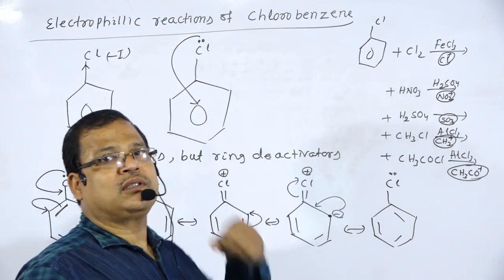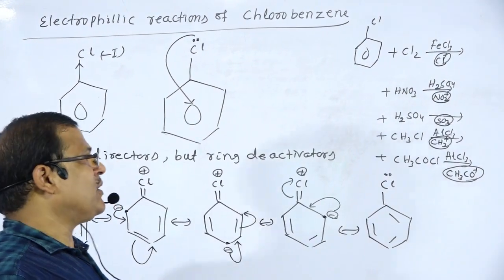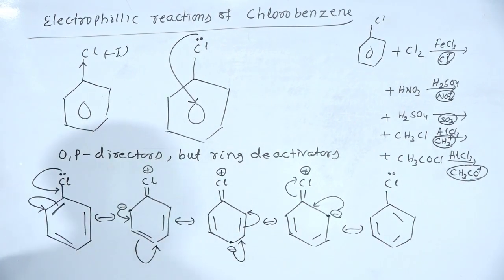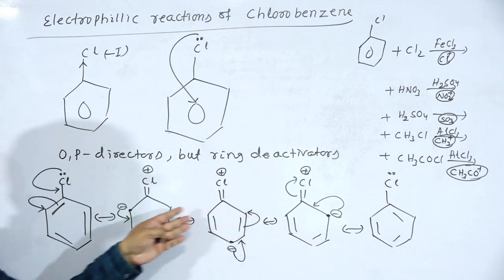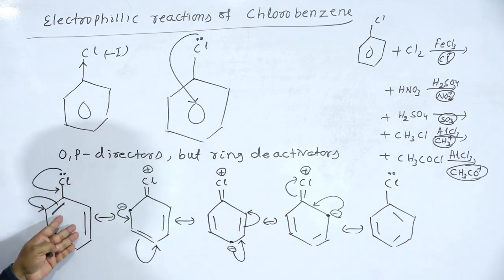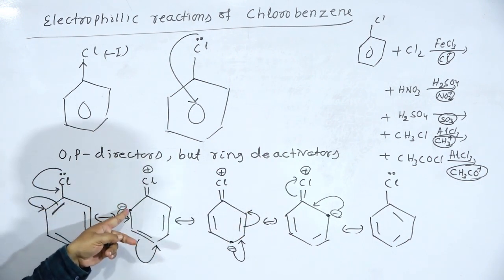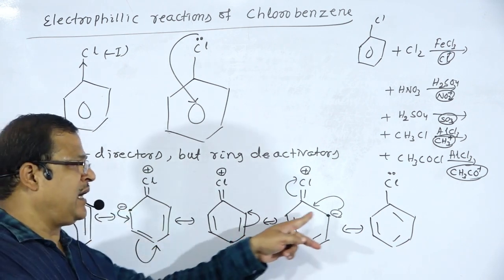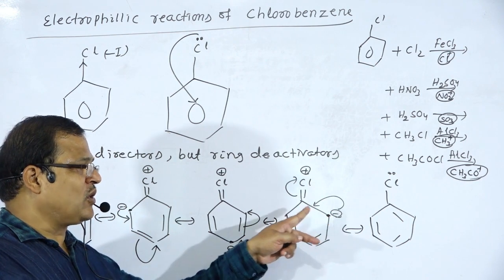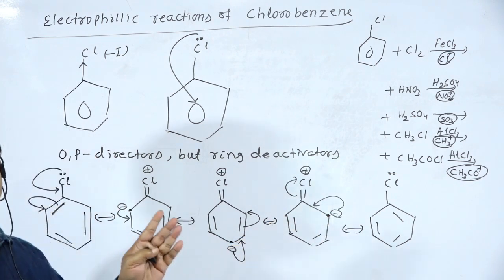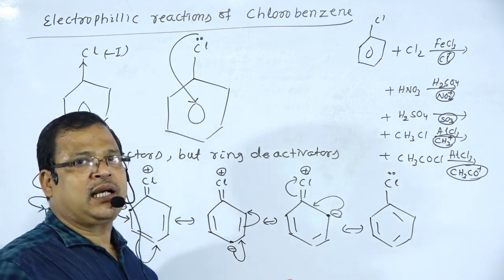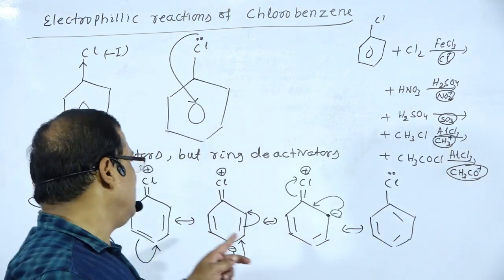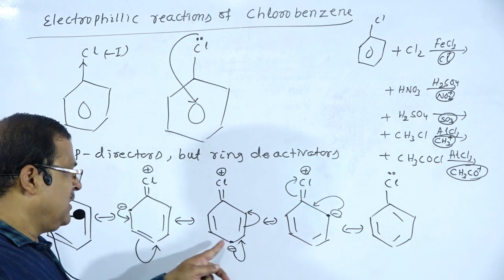Then what are the products that are produced? So mark this in the case of halogens. If you write down the resonating structures of chlorobenzene, electron density becomes more at the ortho, para, and ortho positions. So the ortho and para positions acquire negative charge, meaning the positively charged electrophiles will be directed to enter at the ortho or para position.